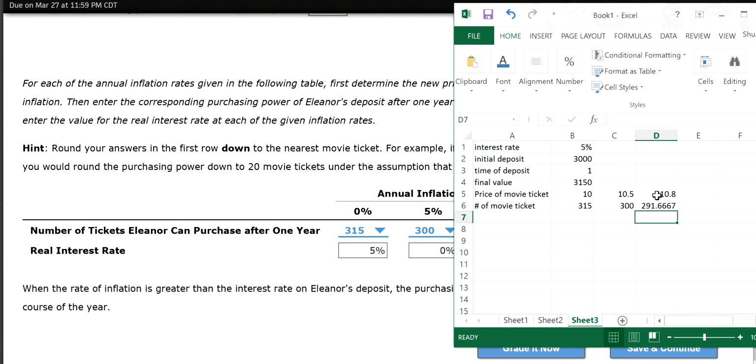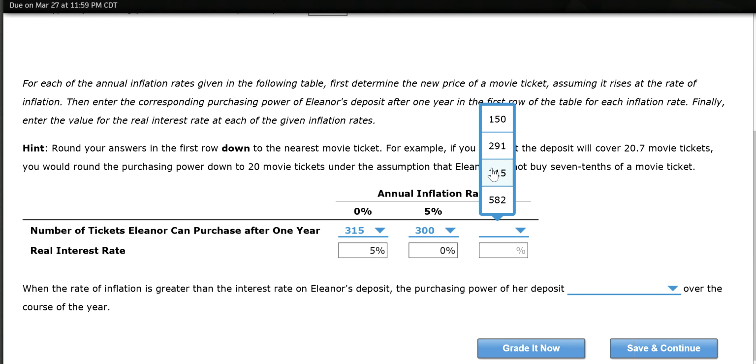It's going to be 291.6667. Now we're going to round it down, so it shouldn't be 292, it's going to be 291. Okay, so 291 over here. Now for your real interest rate, we're going to take our nominal 5% minus inflation of 8%, so this will be a negative 3%.